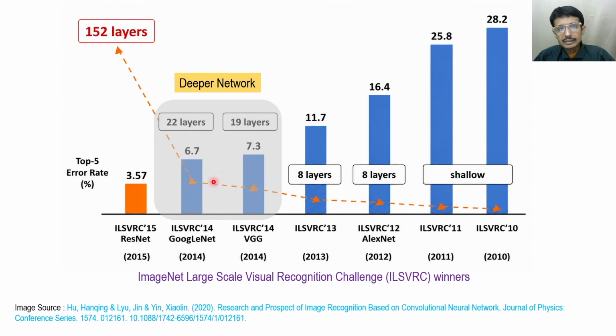So what we have seen is that VGGNet can reduce the top-5 error rate from 11.7 to 7.3. It is a 19-layer VGGNet from 2014. In the next part we'll see GoogleNet. It came the same year, and again it lowered this error. It is a 22-layer net. How can it do it?